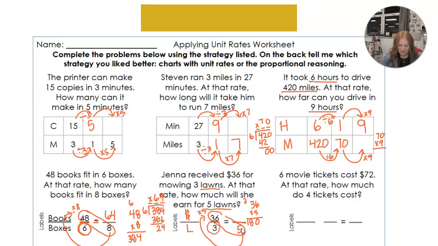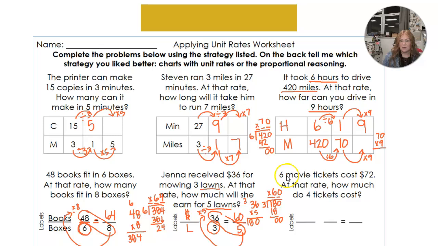But now we have to divide that whole thing by 3. So we're doing 180 divided by 3. So 3 can't go into 1, but it goes into 18 6 times. Bring down our 0. 3 goes into 0, 0 times. So when she mows 5 lawns, she will make $60.